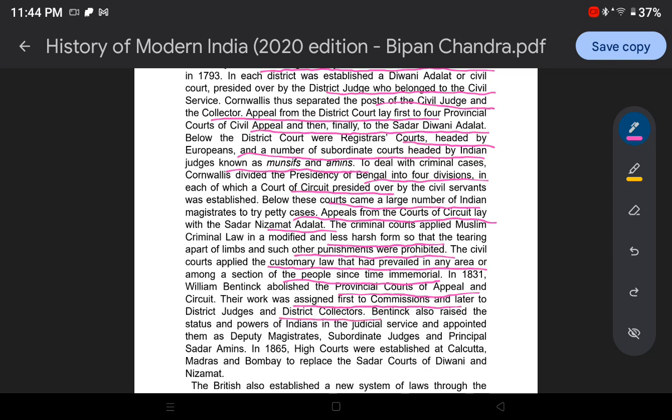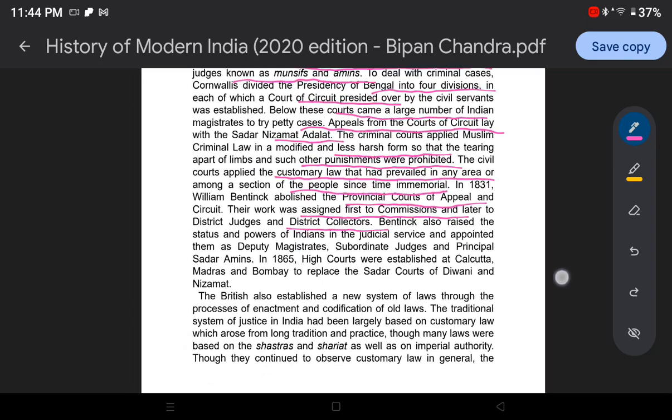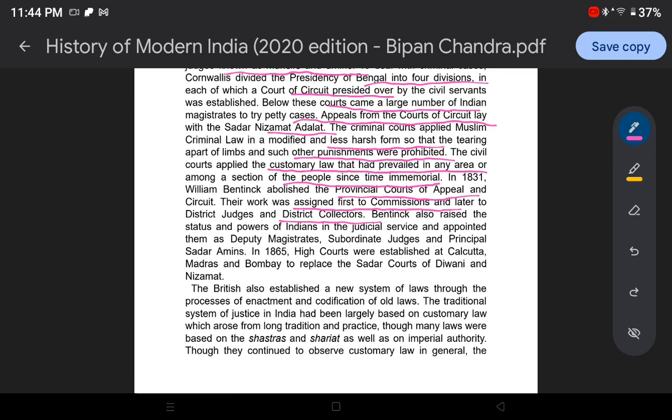Bentinck also raised the status and power of Indians in the judicial service and appointed them as deputy magistrates, subordinate judges, and principal Sadar Amins. In 1865, high courts were established at Kolkata, Madras, and Bombay to replace the Sadar courts of Diwani and Nizamat.